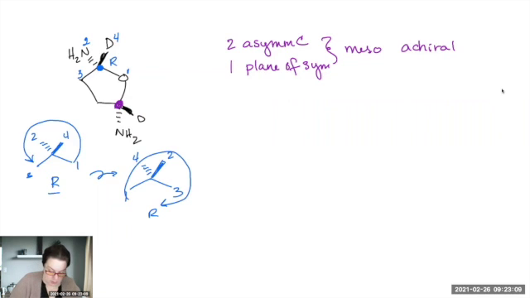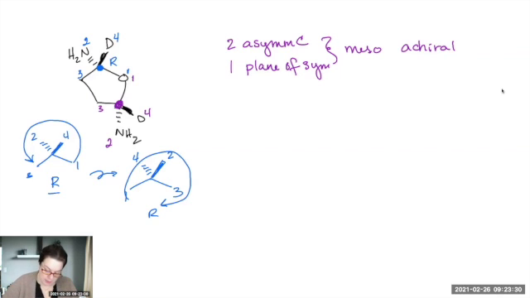Okay, so let's look at the purple one. Luckily, it's the same atoms, right? We have a mirror plane in the middle. So we have oxygen, nitrogen, deuterium, and carbon. So oxygen gets 1, nitrogen gets 2, deuterium gets 4, and the carbon gets 3.